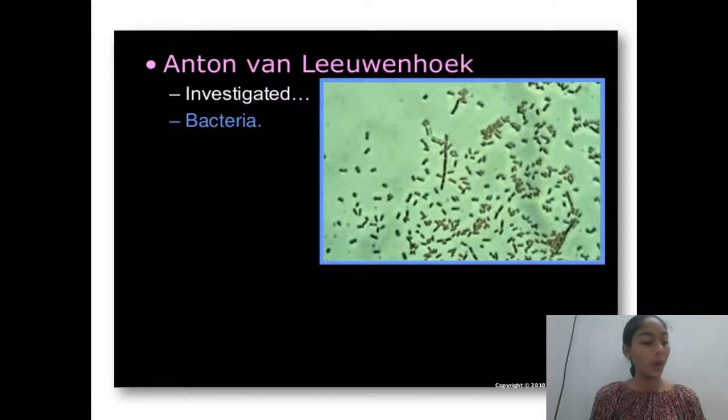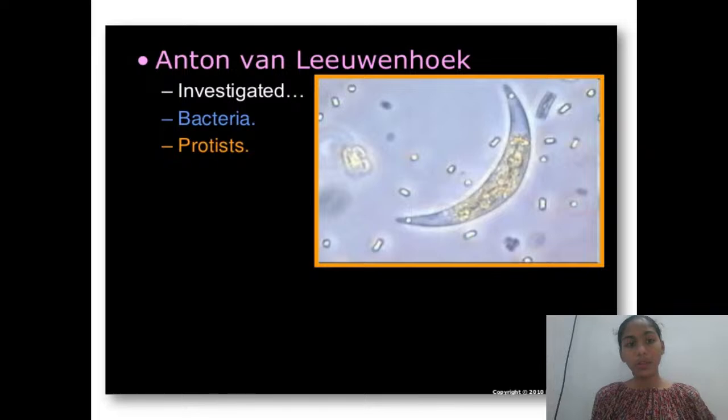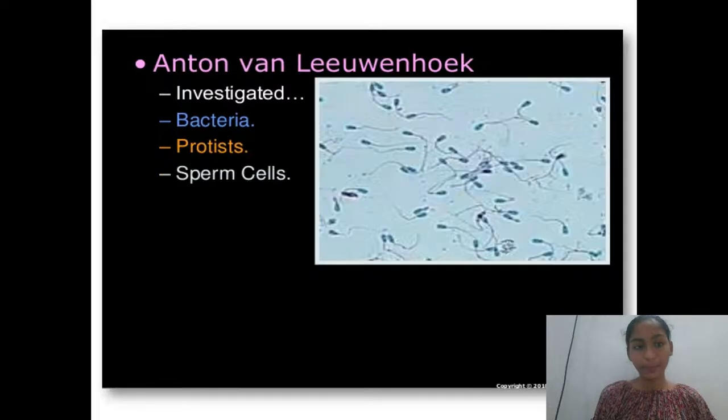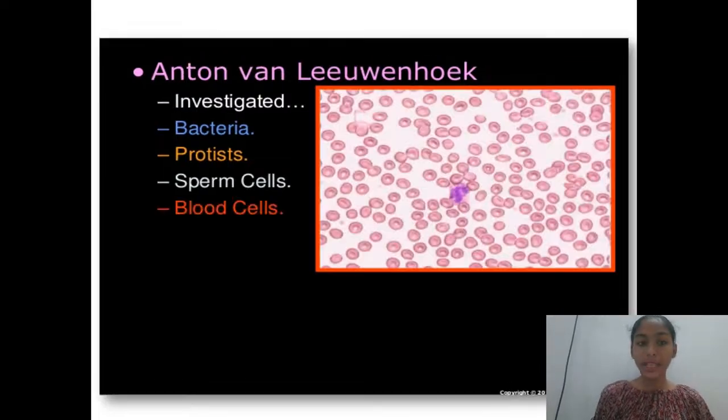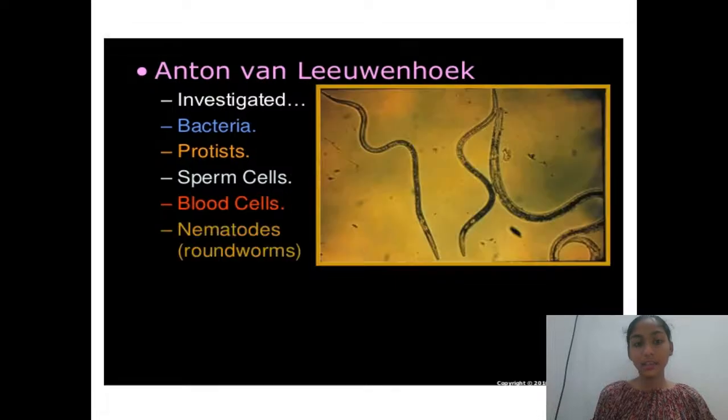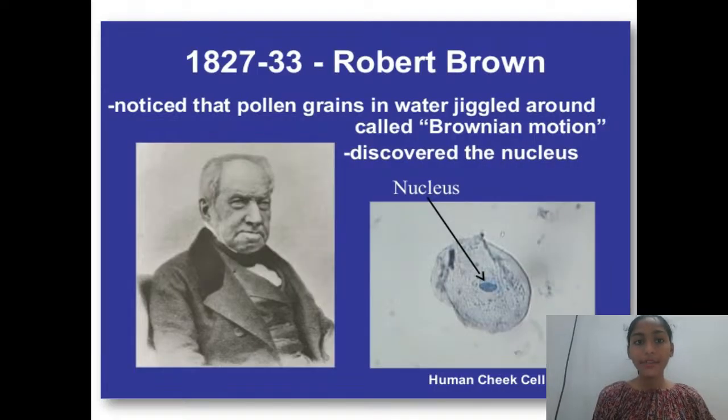Just comment below what we have learned about him. Protists are also a kind of organism that he found. He discovered sperm cells, blood cells, nematodes, that means round worms, and everything.